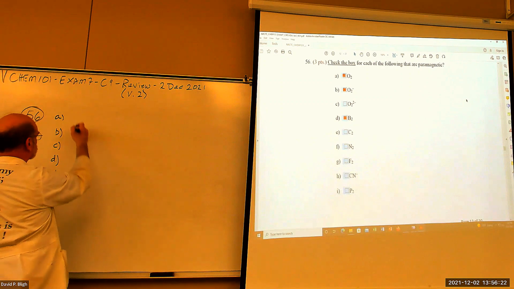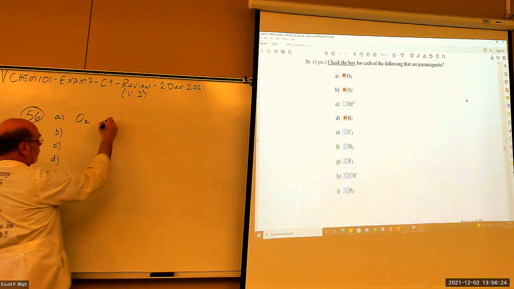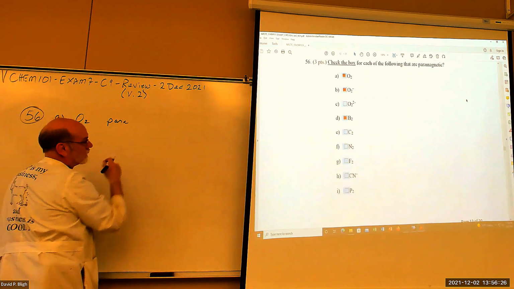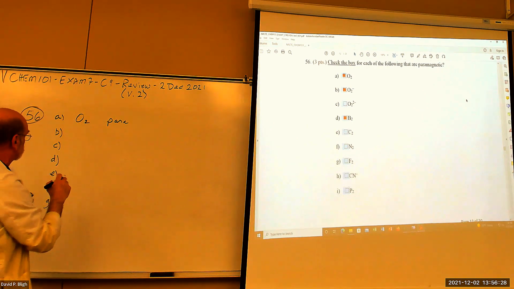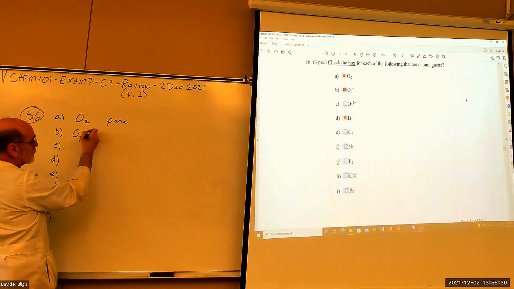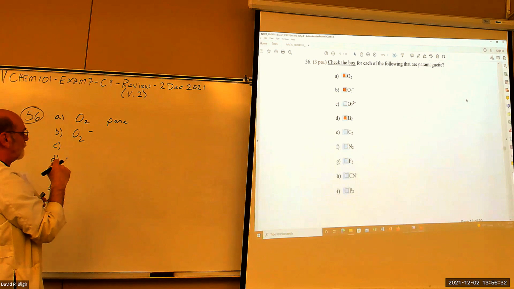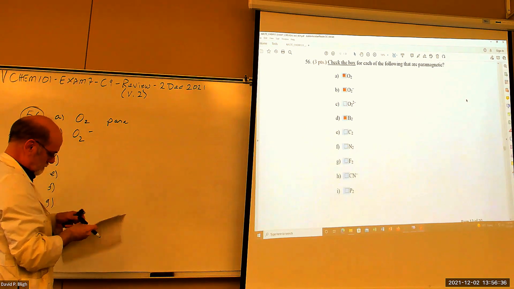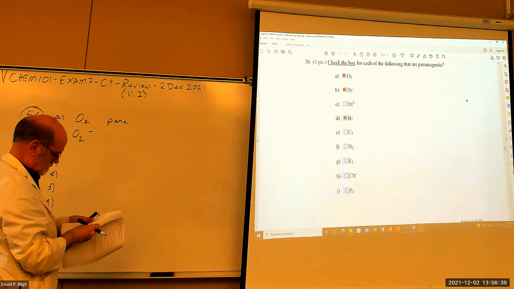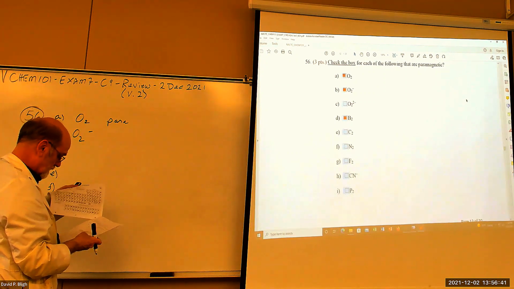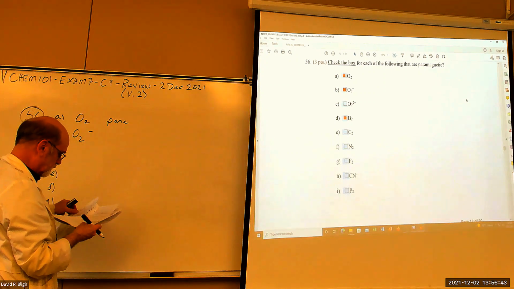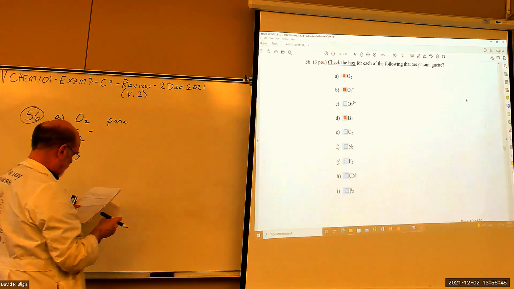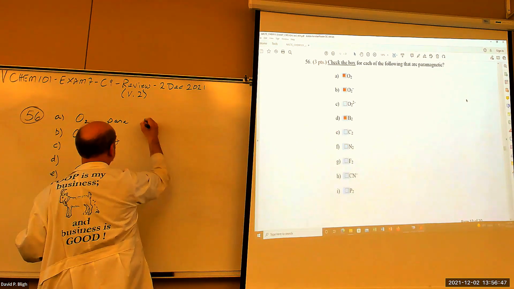Okay. This one is O2. We know O2 is paramagnetic. We've already done that, because it has unpaired electrons. O2 minus. Where are those unpaired electrons for oxygen? The unpaired electrons for oxygen are in pi 2p star.